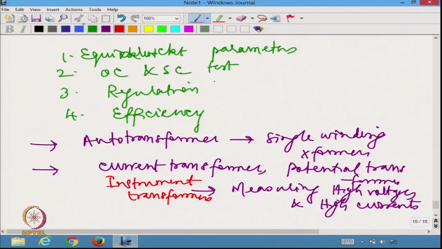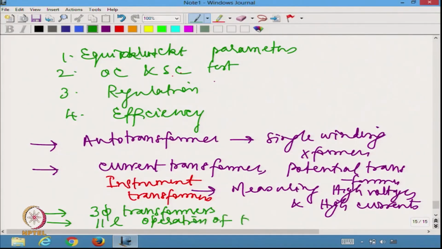After finishing with these things, we will also look at three-phase transformers. Then last but not the least, we will look at parallel operation of transformers. This may take 3 to 4 lectures, so we will be discussing those after this.